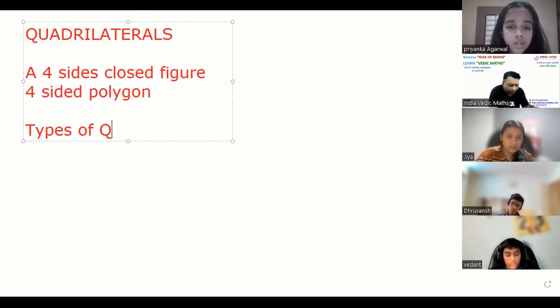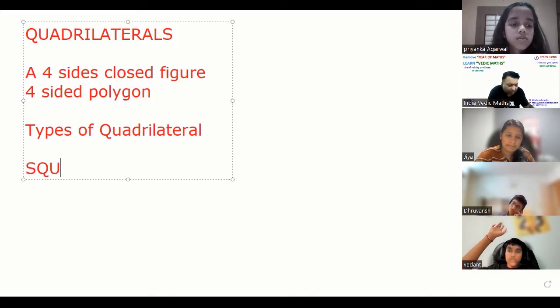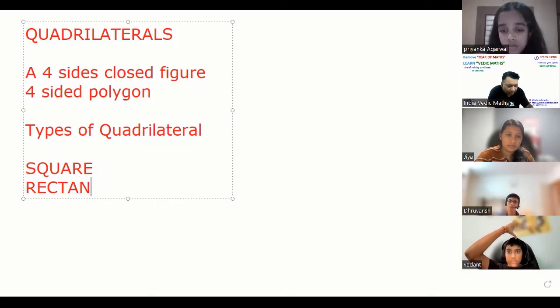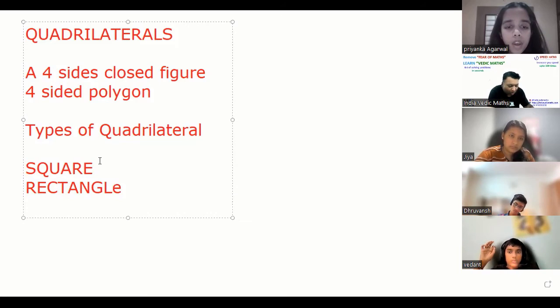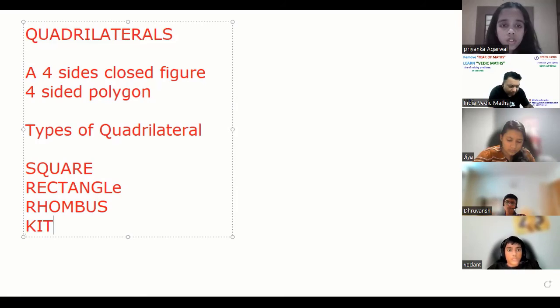Types of quadrilateral. Can you tell me some names? Everybody tell one name. Priyanka, tell me any one quadrilateral. Square, right? Okay. Tell me, Jia. Rectangle. Tell me, Raja. Rhombus. Tell me, Kanak. A kite.